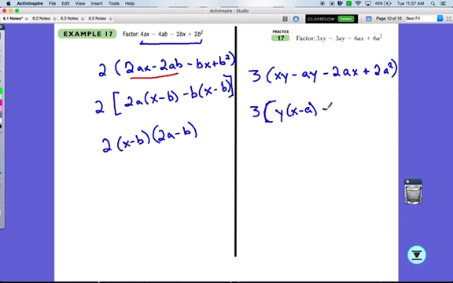And I can factor out a negative 2a from the second one, which will leave me with x minus a. So my final answer: I have 3, the x minus a that both of those two terms share, and then y minus 2a from the leftovers.